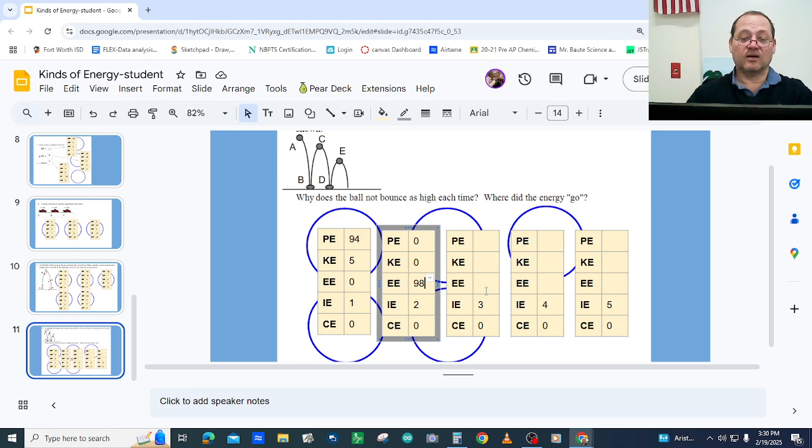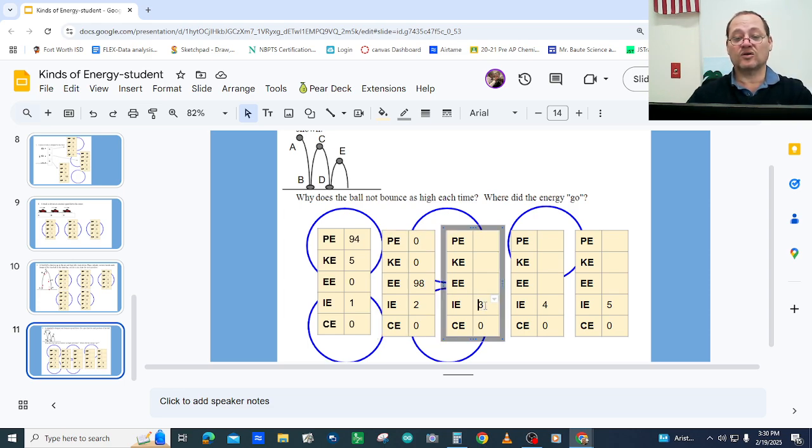Well, you can see at point C, the object is back up, but the height it gets is lower. Why? Well, because there is some energy that is being passed to the atoms. So now the system has less energy to deal with. So for potential energy, we cannot get 94%. For kinetic energy, we are going to assign 5 as before.